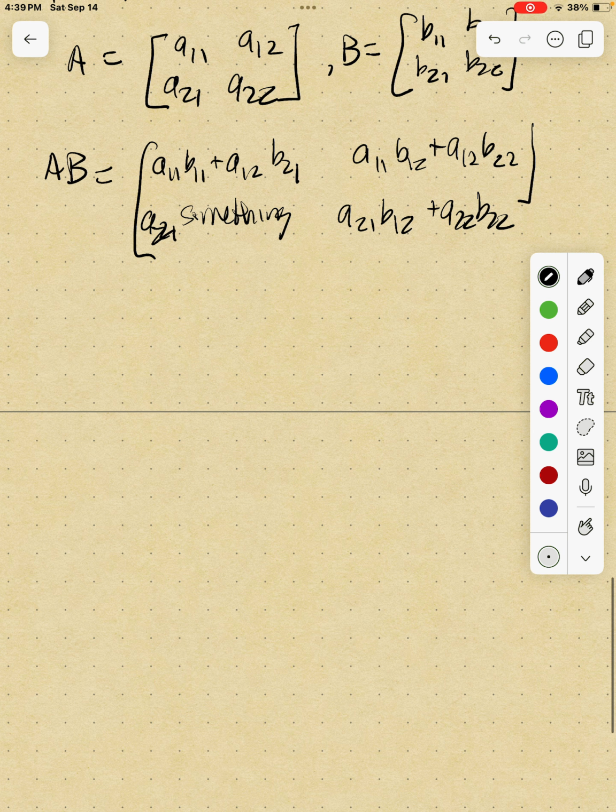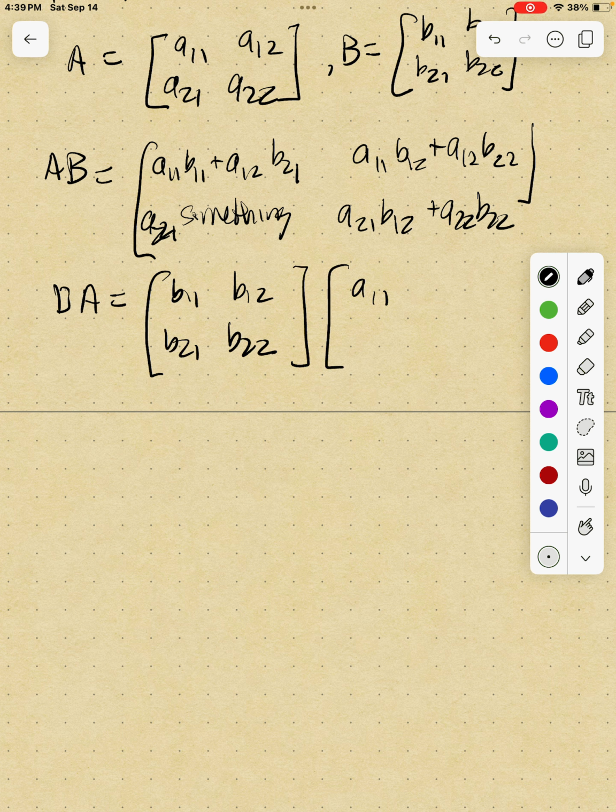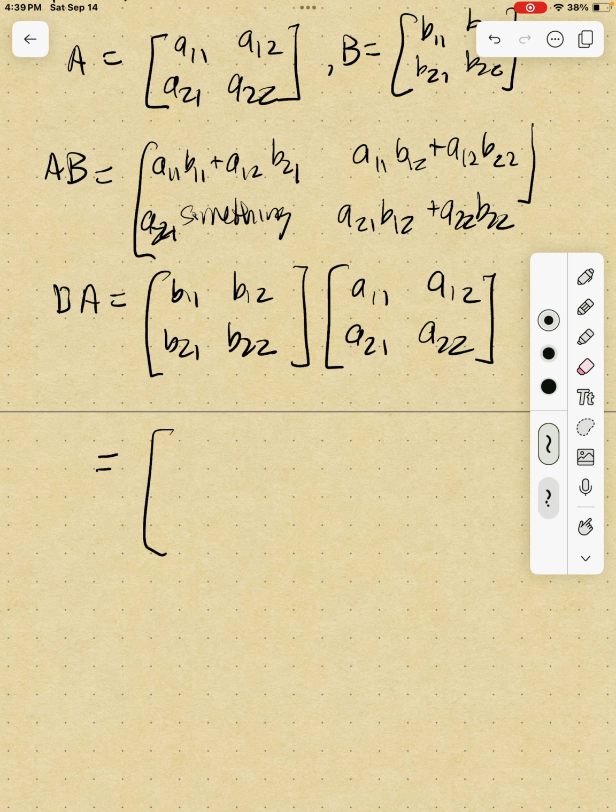Okay, and what's BA? So let's write it again. Okay, let's figure out the diagonal entries. Well, let's write it in the order where A comes first.